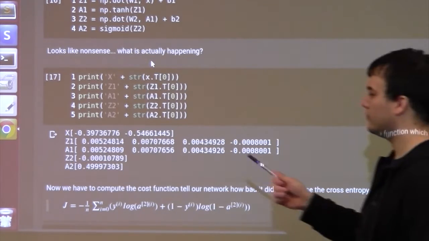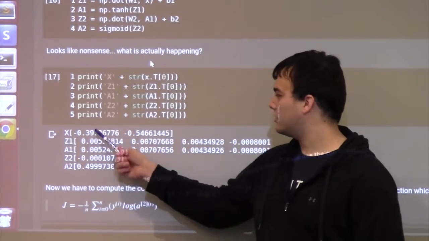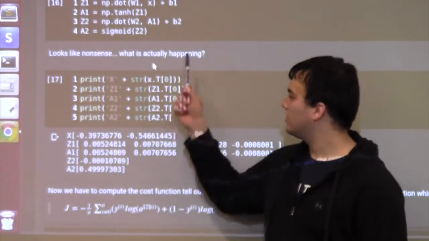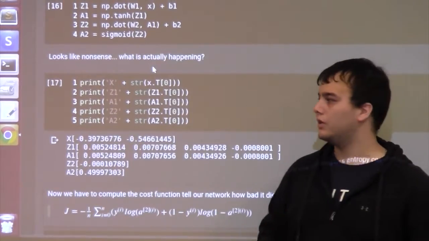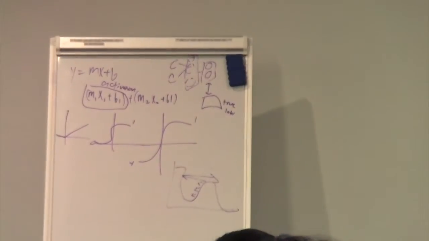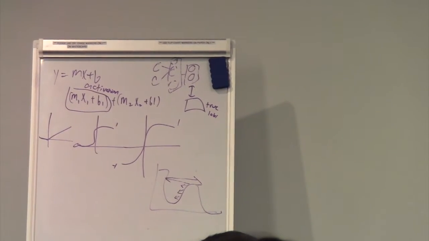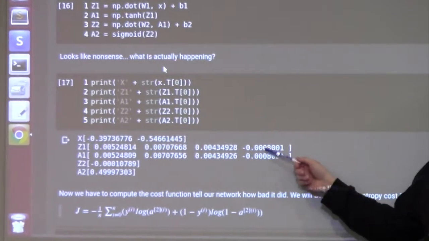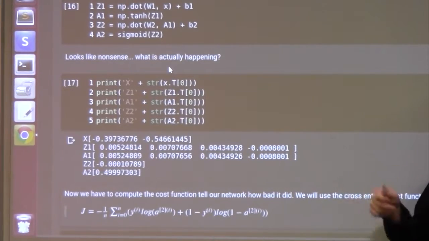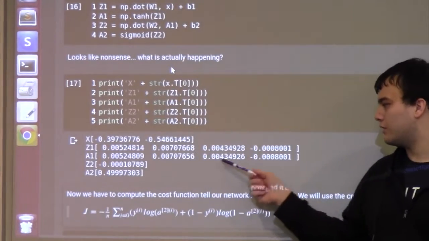So our x's are just going to be very, very small like this. Our z1, which is what we got when we first entered here, after we passed through the function, is going to look like this. Our a1 is after the activation, and they're very, very similar.